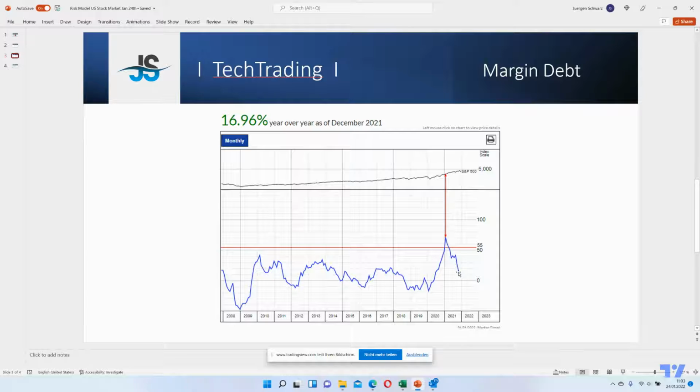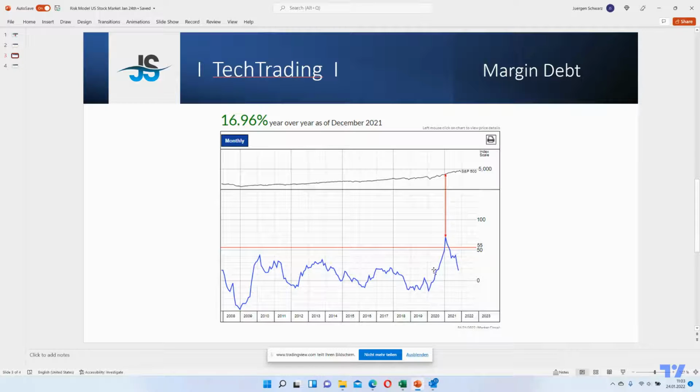So this trending downwards is actually very good for us, because then we'll have enough cash available again for institutional and retail investors to put money into the stock market, which is a good basis for another leg up here.